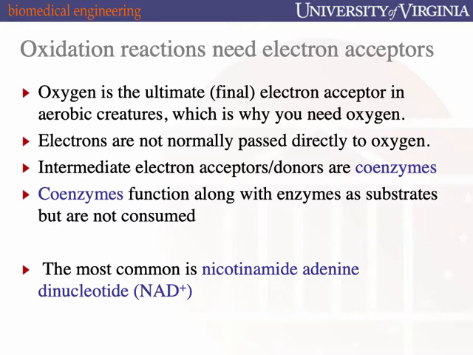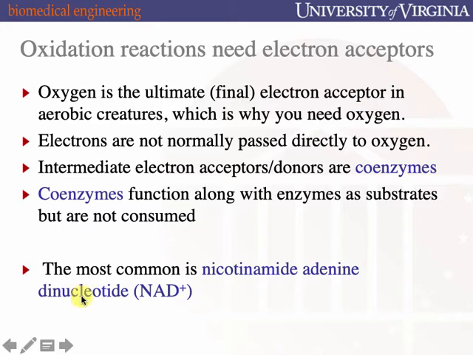I may call those reduced coenzymes reducing equivalents, and what it's meant to convey is that these, if you will, are stocking up the energy from the dehydrogenation reactions that they participated in, and then the cell elsewhere in metabolism will cash those in to make ATP, but it's later than in the first dehydrogenation reactions that I'll present to you.